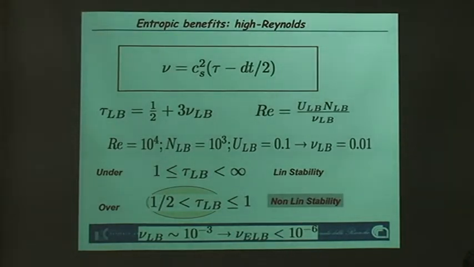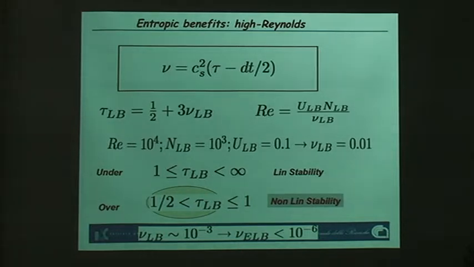So the way you make your code units non-dimensional is different. But typically you choose a typical velocity, a typical time scale, and you normalize with that.